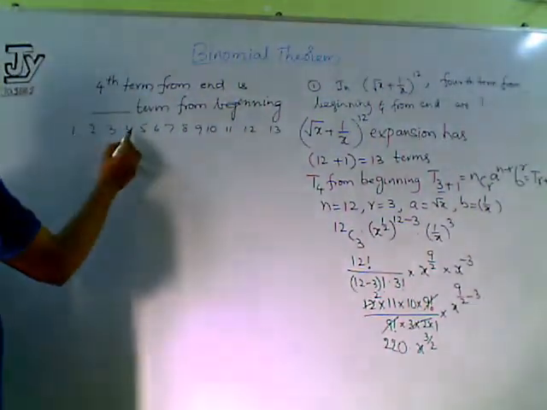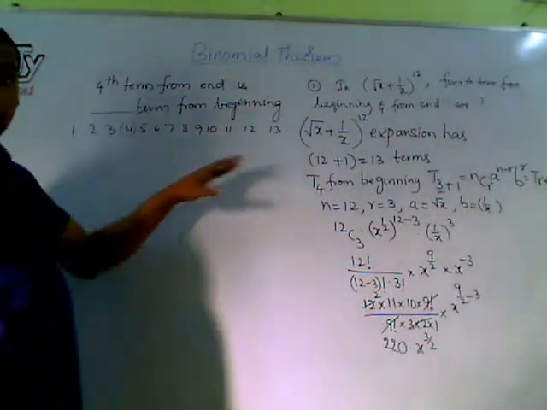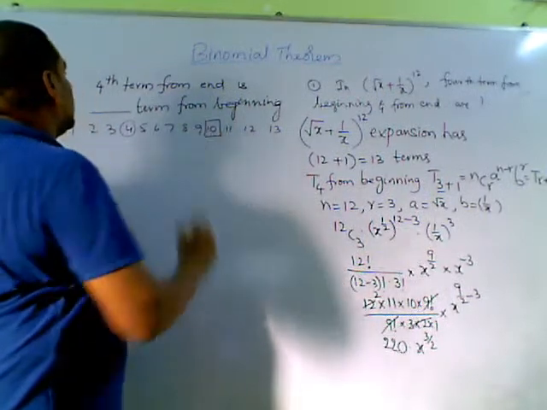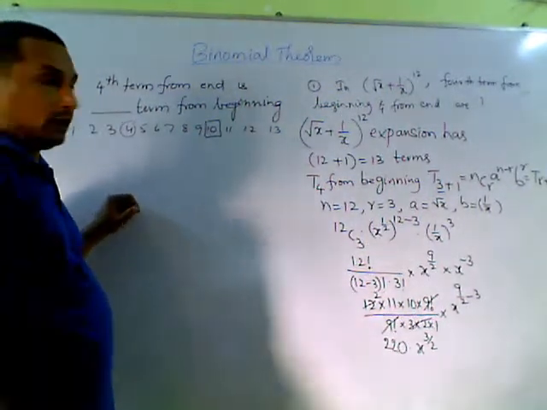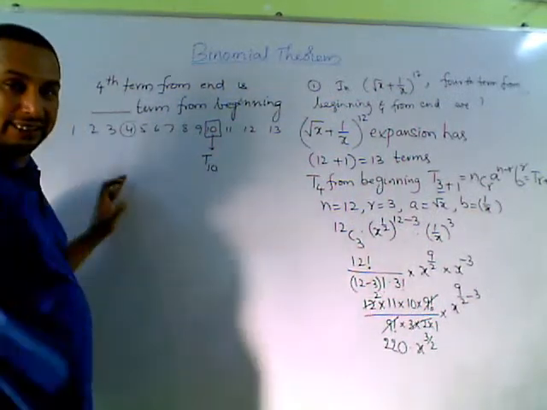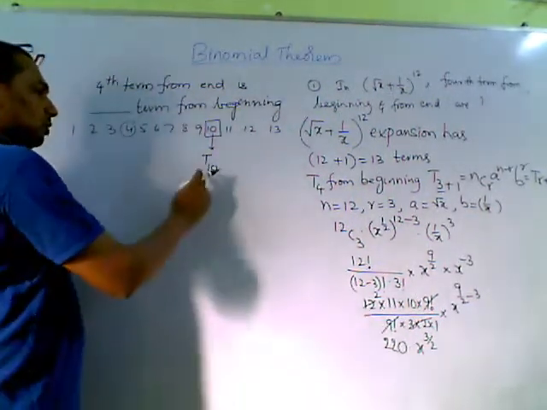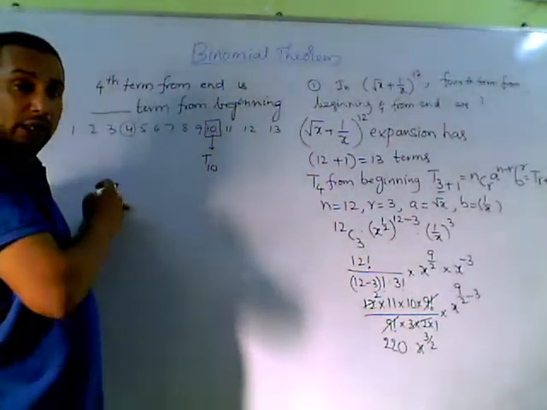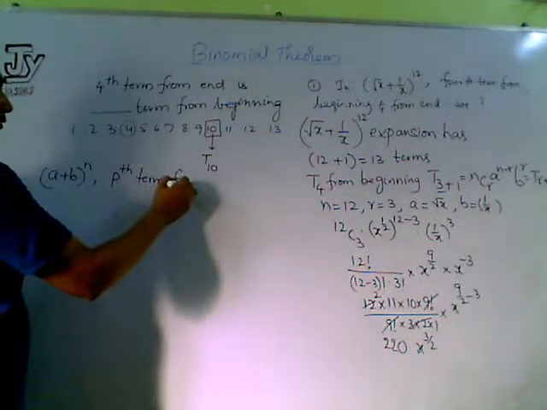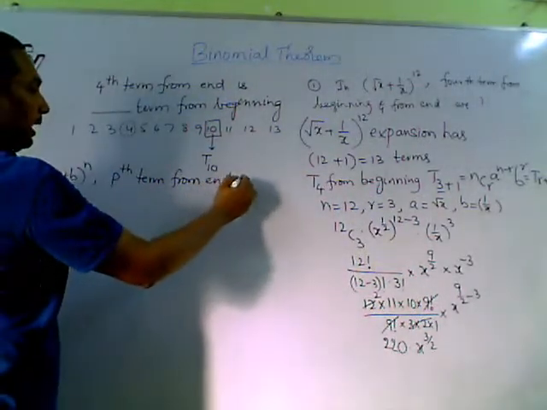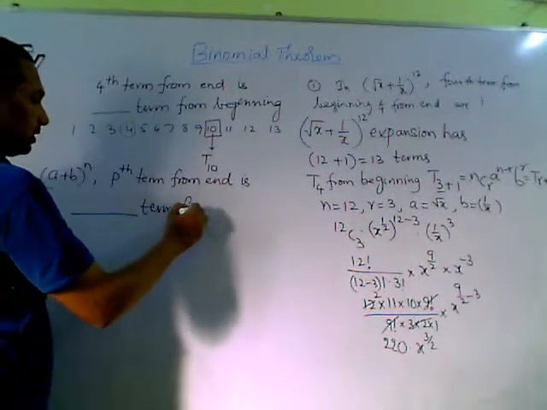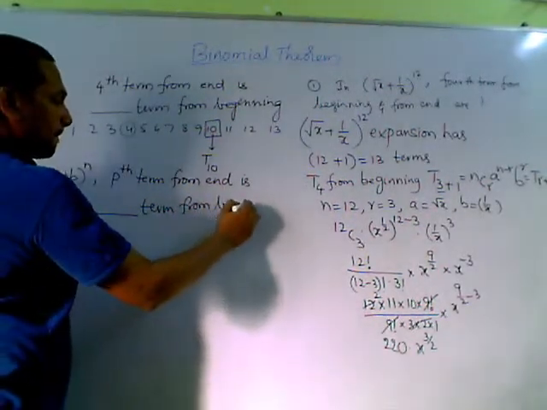See, fourth term from beginning, this one. Fourth term from ending is 1, 2, 3, 4. This is the fourth term from ending. So that is the 10th term from beginning. Suppose the value is given, the 3rd term from end is which term from beginning? That's my question.